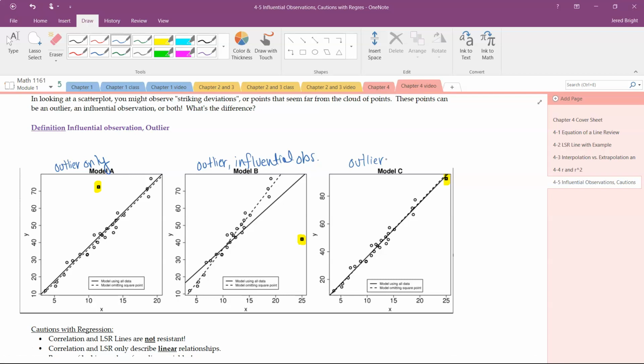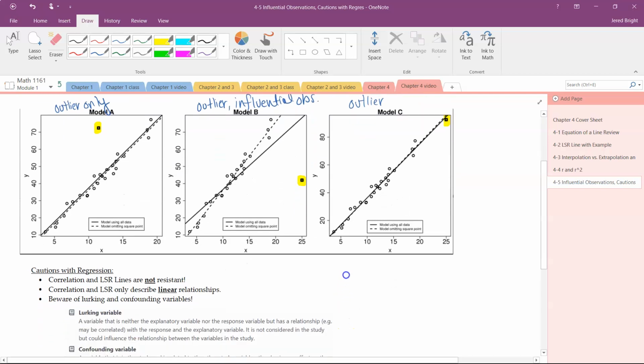So just be aware of these terms: any striking deviation that is far from the cloud of points is probably going to be an outlier in all cases, because you've already said it's noticeably different from the overall cloud. The only question is, is it an influential observation? And the last case I want you to think about is, can you have an influential observation that is not an outlier? That's something I want you to consider.